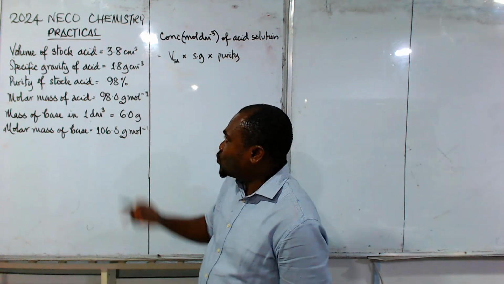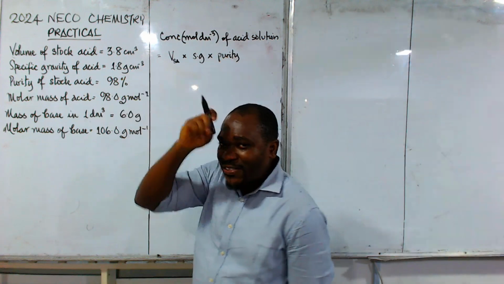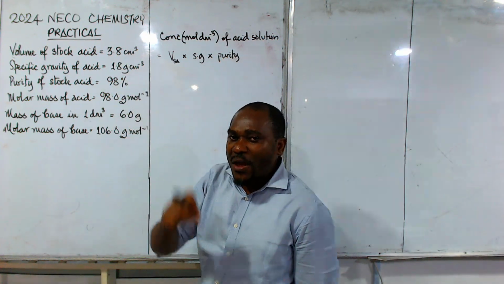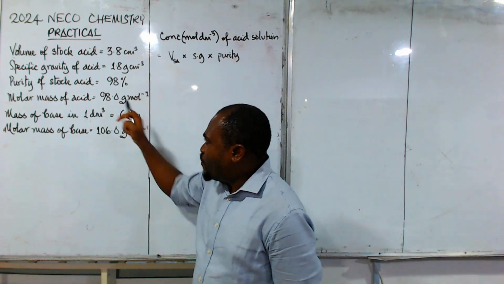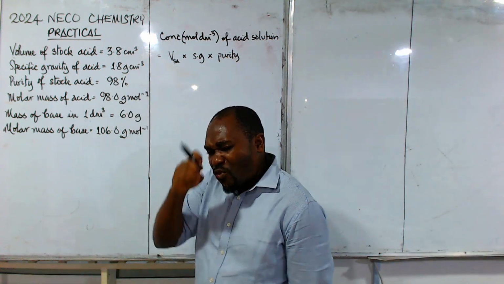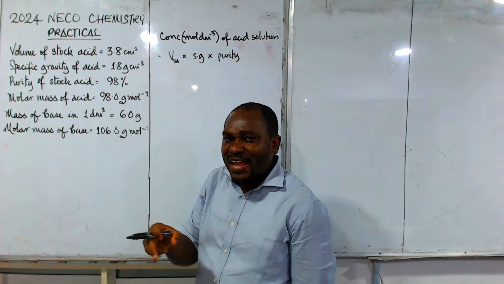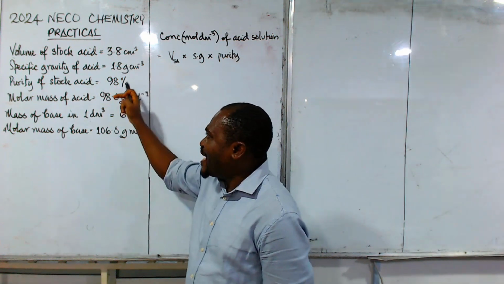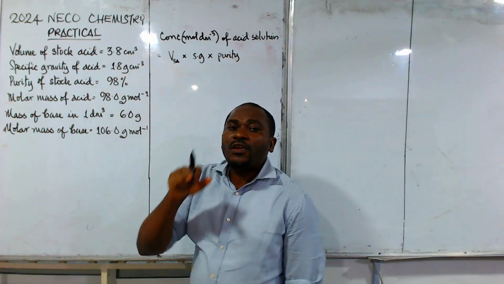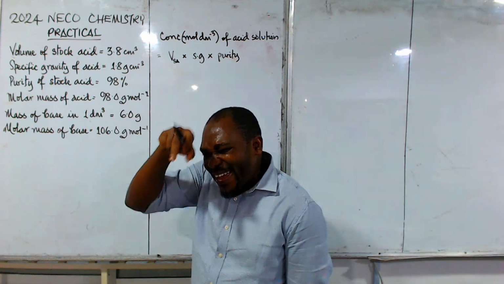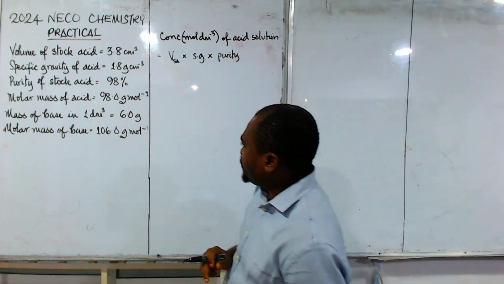So that 1 cm cube is meant to contain 1.8 grams of the acid, but actually, based on this purity, that 1 cm cube will not fully contain 1.8 grams of that acid. So it will be 98% of the 1.8 grams. So that will be the actual mass of the acid in that cm cube, right?